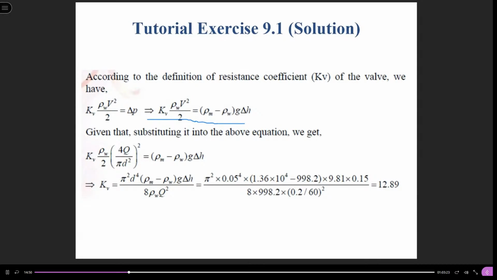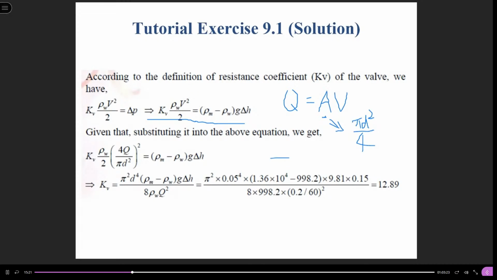Then write the correlation between velocity and flow rate. Flow rate is equal to the product of the area and velocity, and the area is equal to this, right?